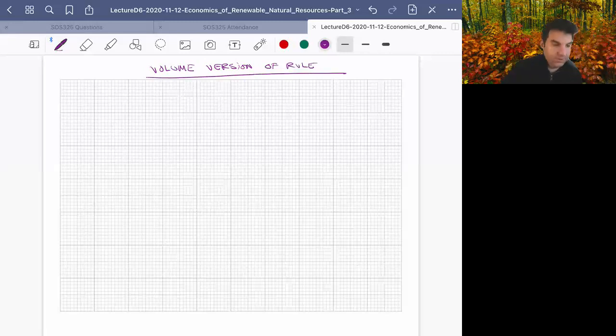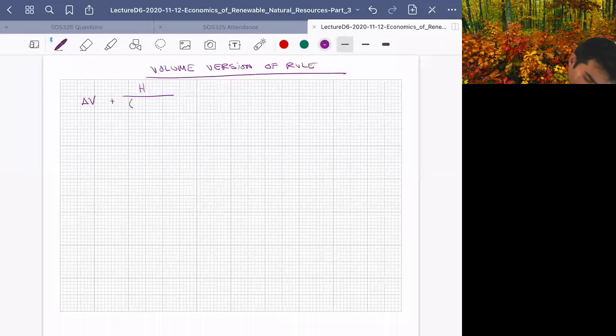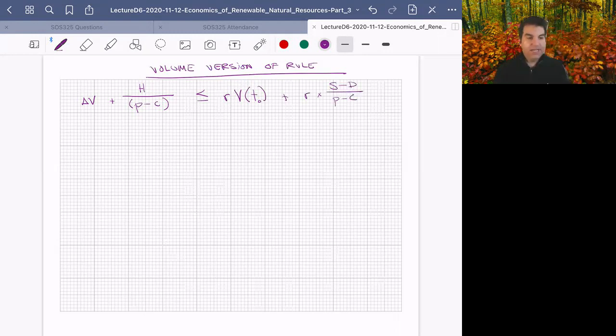That volume version of the rule is going to be delta V plus the dollar value of the forest converted back into volume units by dividing by the cost of wood. And then that is going to be less than the interest rate times the volume at that particular time, plus the interest rate times S minus D over P minus C, again to convert dollars back into wood. And then this looks just like the Faustmann rotation. It shows how this is going to work.